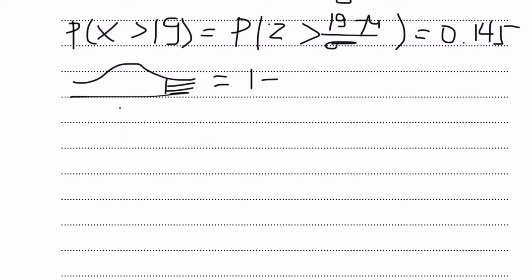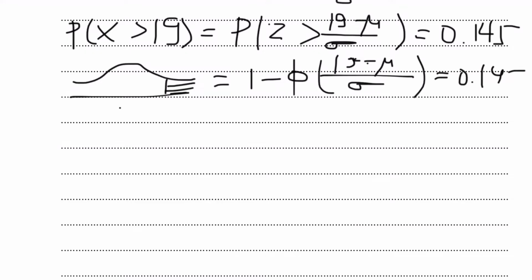So 1 minus 19 minus mu over sigma is equal to 0.145. And eventually you will have 19 minus mu divided by sigma is equal to 1.5058.